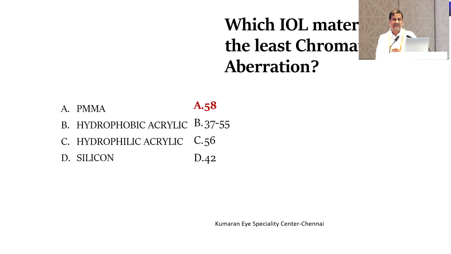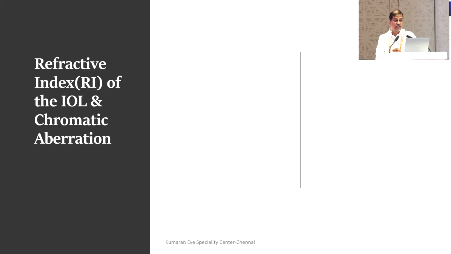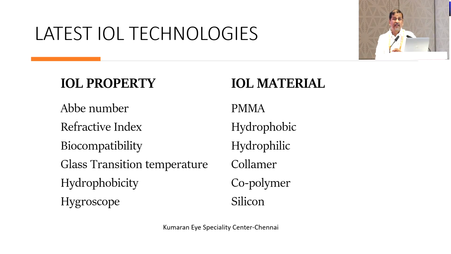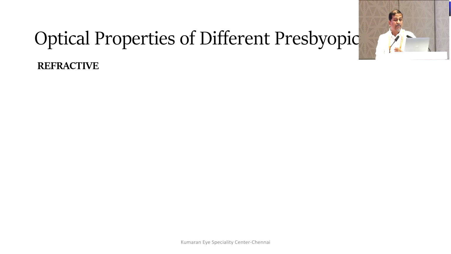What they have really taken into account is chromatic aberration, and the refractive index of these lenses has been played upon to give different lenses of different technology. The IOL material, the refractive index, the biocompatibility, the glass transition temperature, all these factors play an important role in giving satisfaction to the patient and ease of implantation to the surgeon.